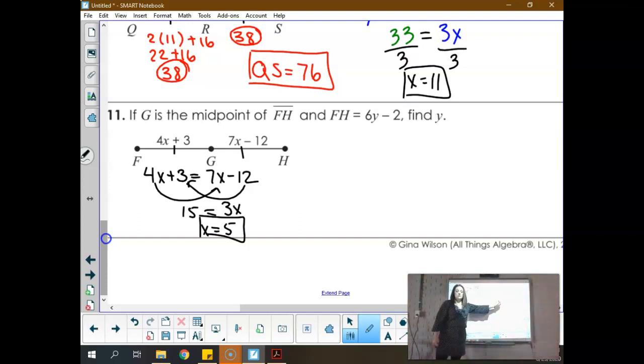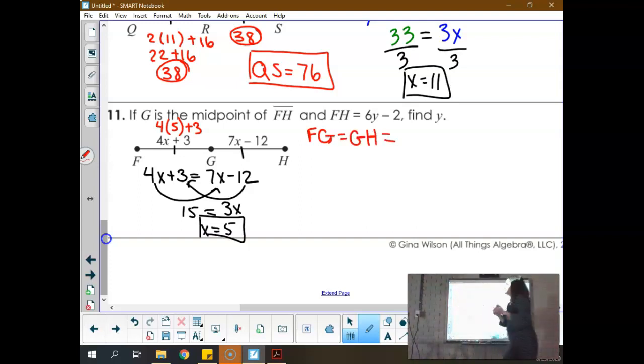FH equals this. I can find what FH equals as a number because I know what x is. So if x is 5, I can plug 5 in. So 4 times 5 plus 3. That means FG equals GH equals 4 times 5 is 20 plus 3, that's 23.